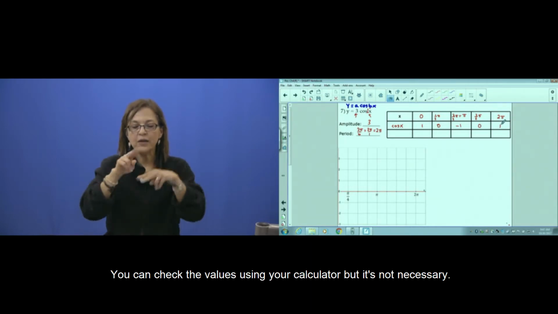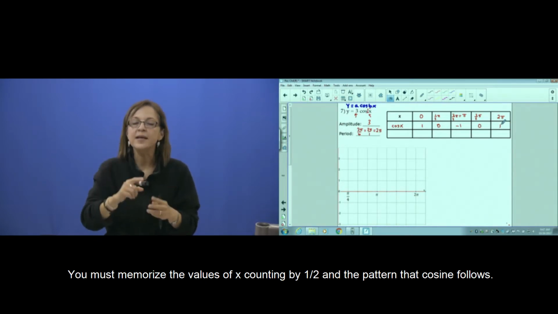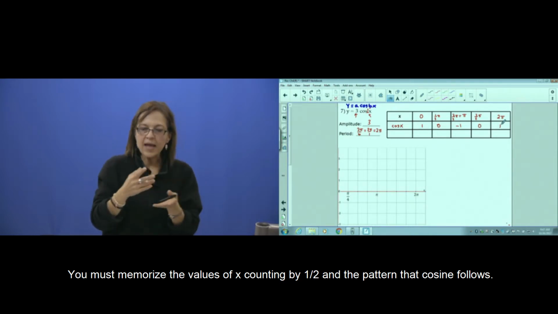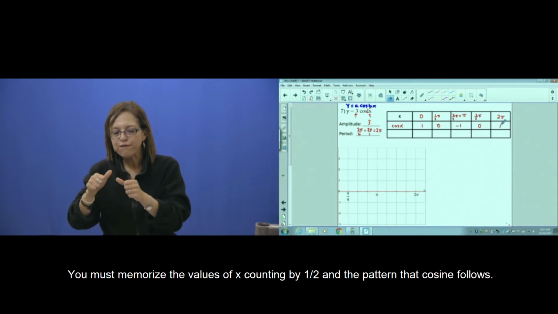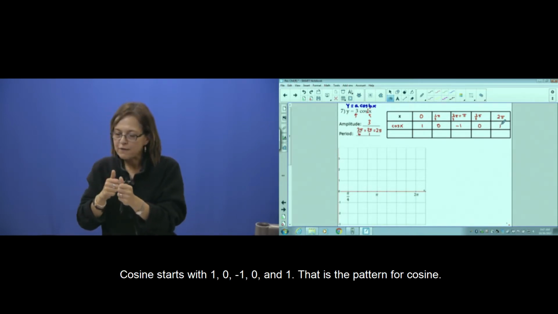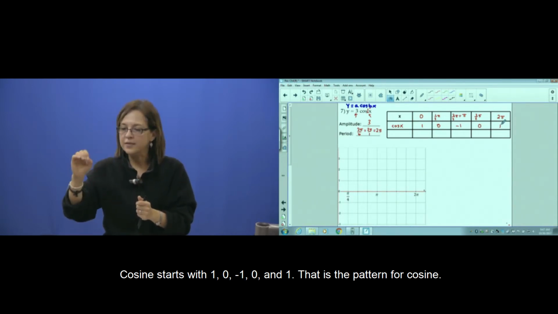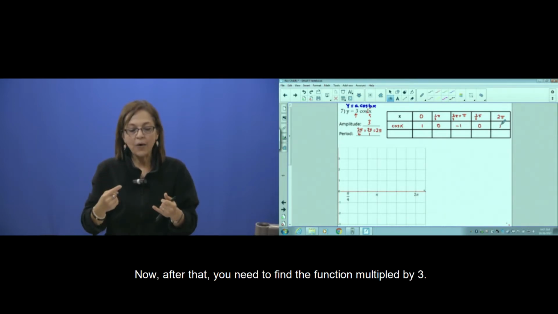You can check these values using a calculator, but it is not necessary. You must memorize the values of x counting by halves and the pattern that cosine follows. Cosine starts with 1, 0, -1, 0, 1. That is the pattern for cosine.